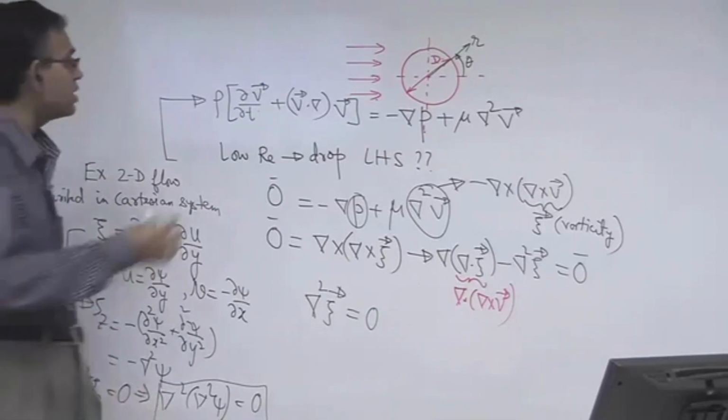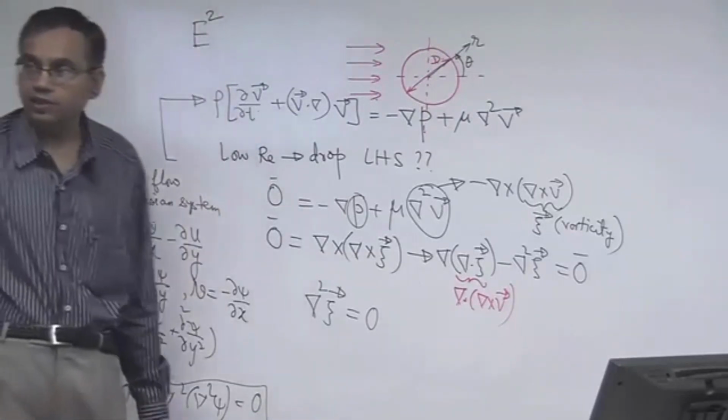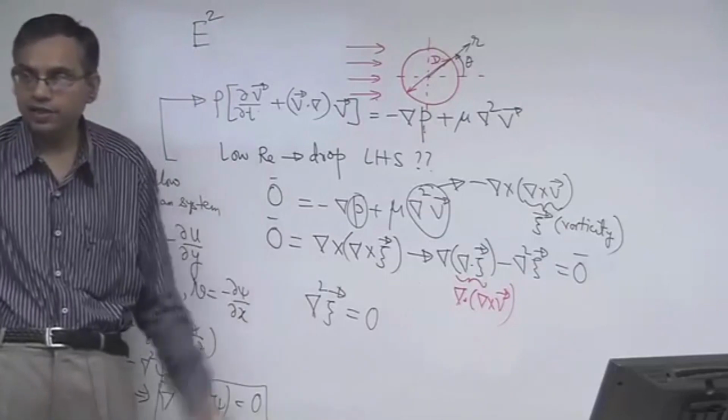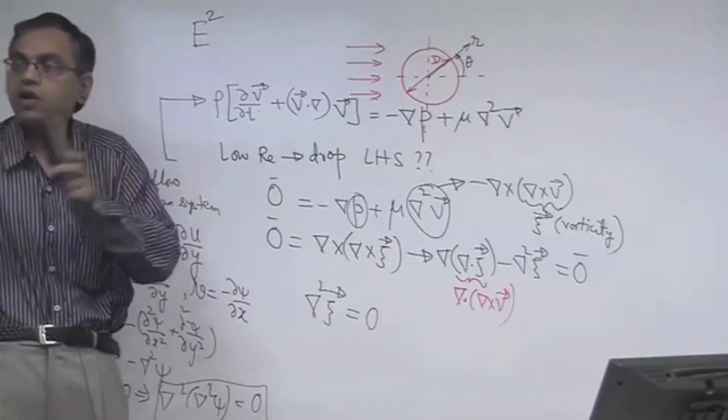So, instead of del square, we will use a different operator which is called the E square operator. We will come into that. So, just try to understand the analogy of the concept.